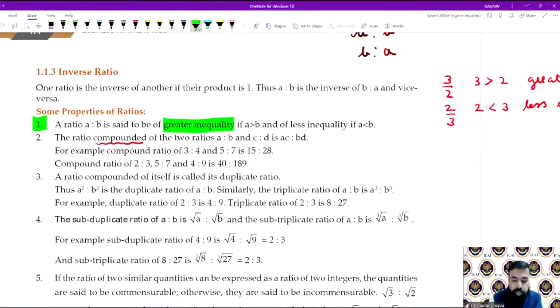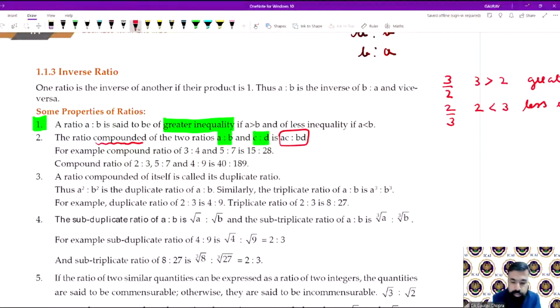The first ratio is A is to B, the second is C is to D, and after combining, the ratio becomes AC is to BD. How does it become this? Just multiply the first terms, and on the other hand multiply the second terms, and we get the compounded ratio.